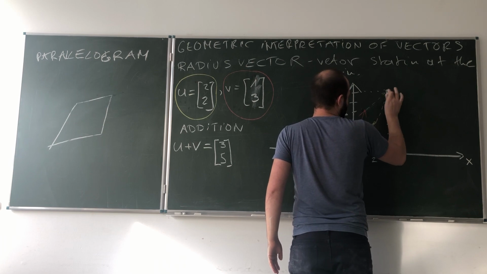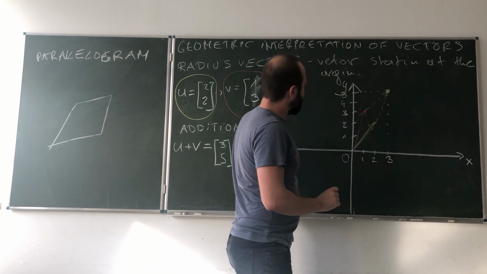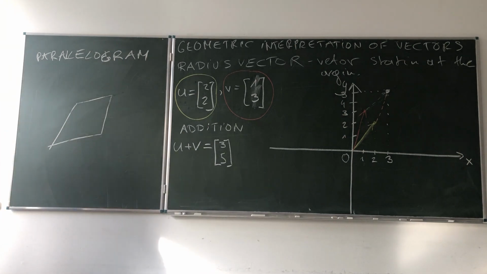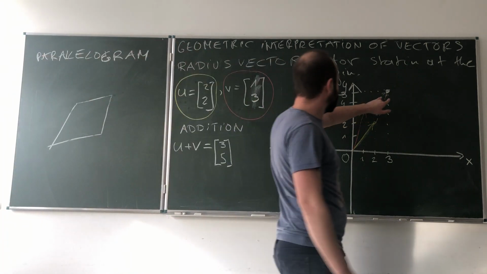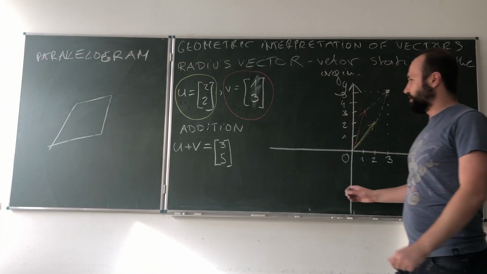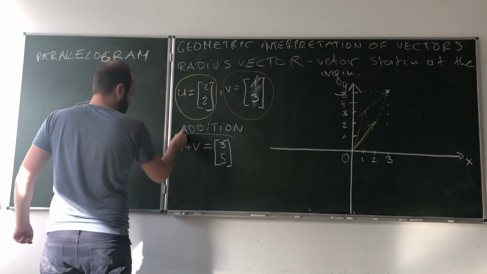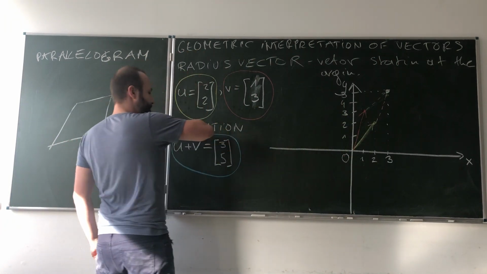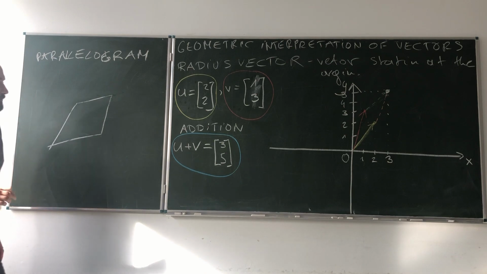No, maybe this time without arrowheads. Okay, and now look, finally, at the point of intercept of these two lines, we will have the new arrowhead of vector u plus v.